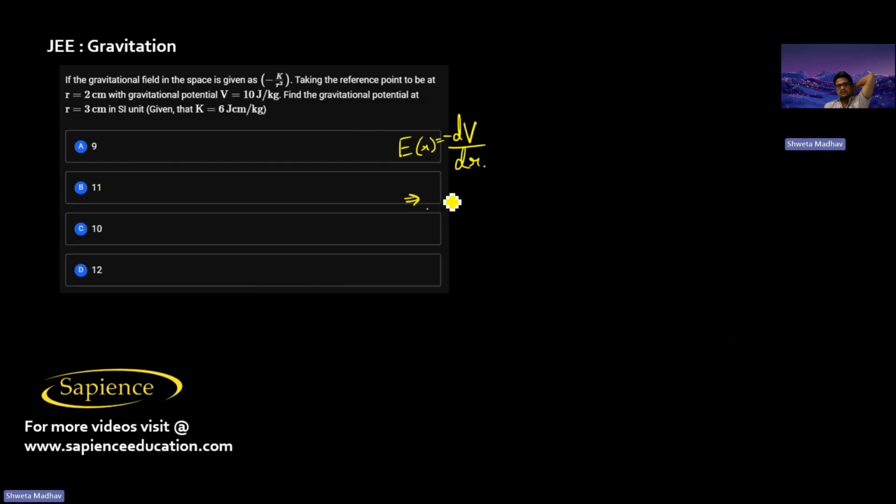So find the gravitational potential. So we can say that dV is equal to minus E into dr. So if we integrate it, then we get from V initial at r equal to 2 to V final at r equal to 3.